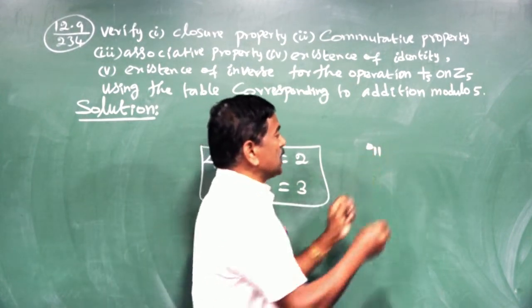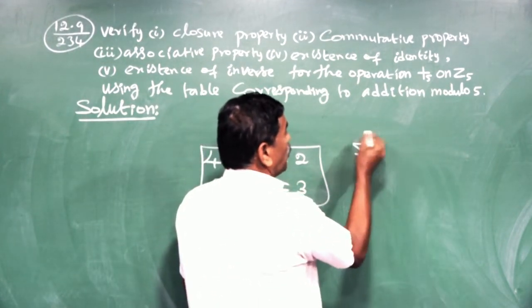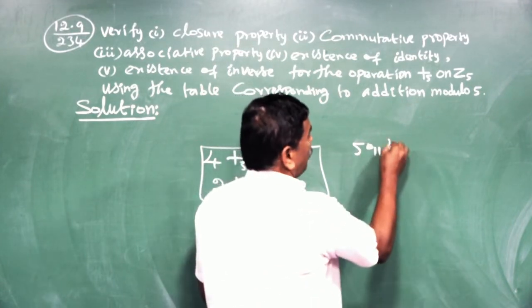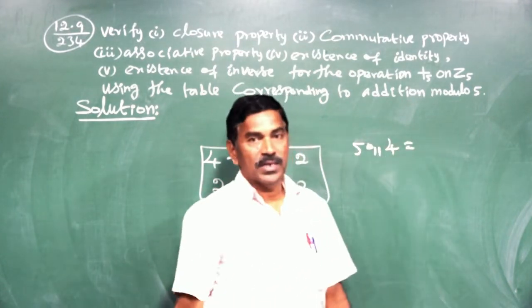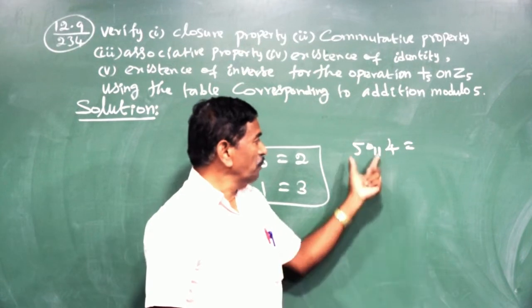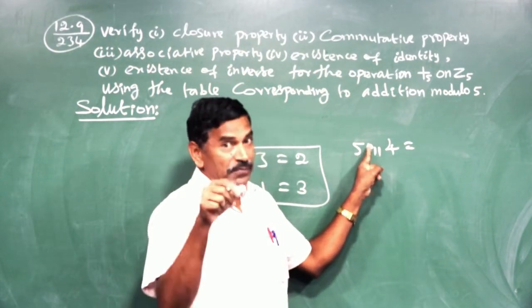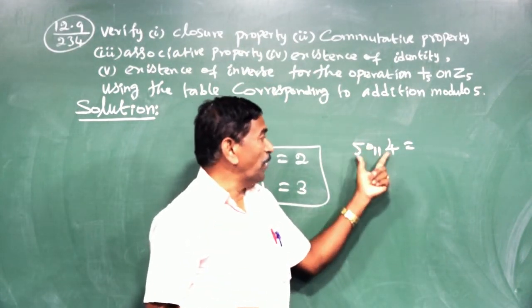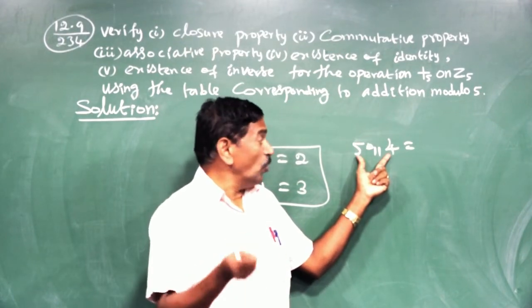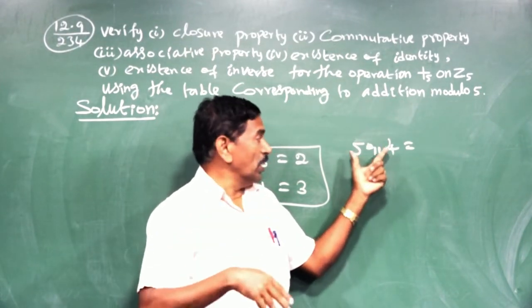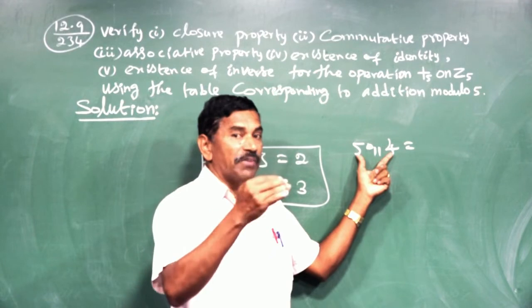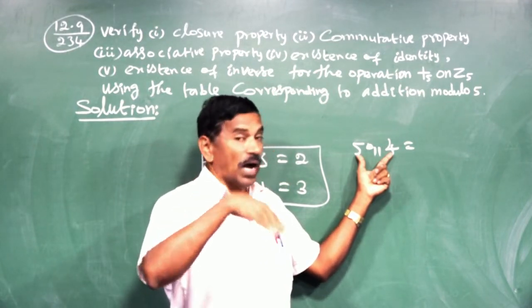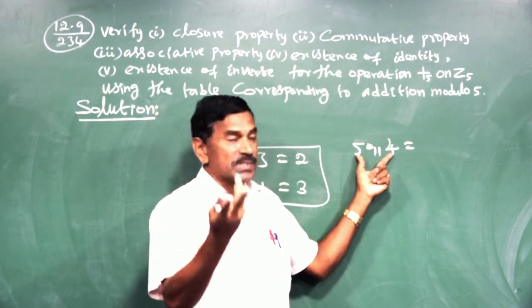Suppose 5 multiplication modulo 11, 4 is the question. Now the operation is multiplication. 5 4s are 20, and 20 is more than 11. If your answer is 11 or more than 11, I subtract 11 and the multiples of 11.